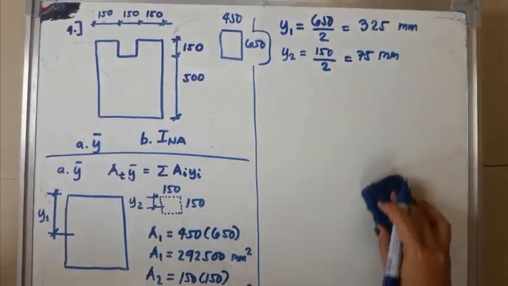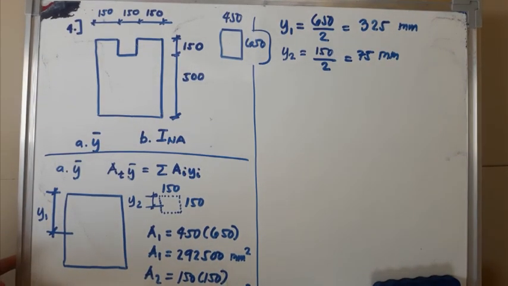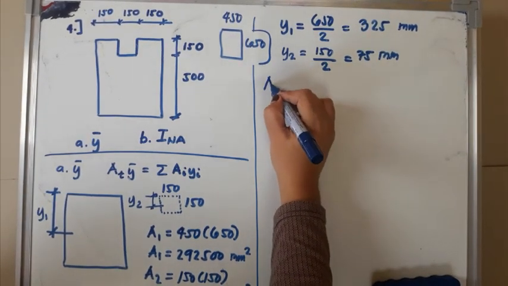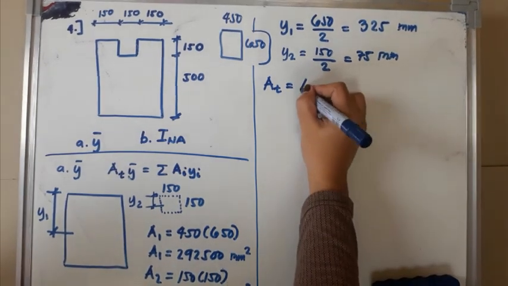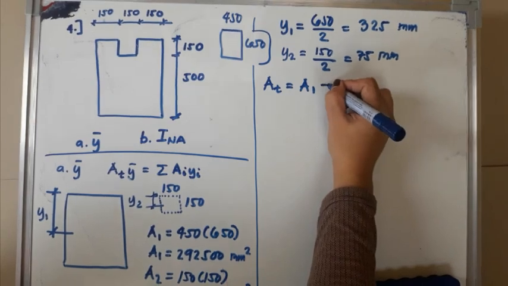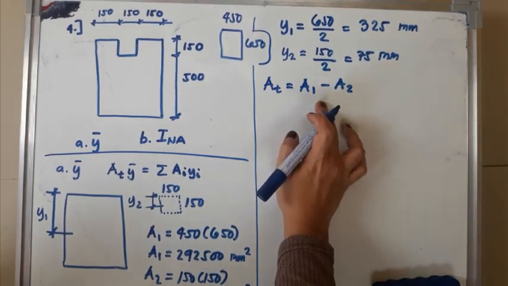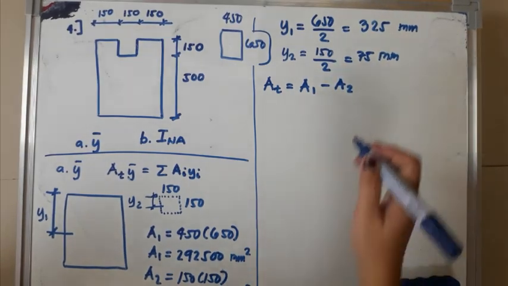So how do we apply Varignon's theorem if our shape has holes and using this process? Our area total will be area 1 minus area 2. So the whole rectangle minus the rectangular hole.